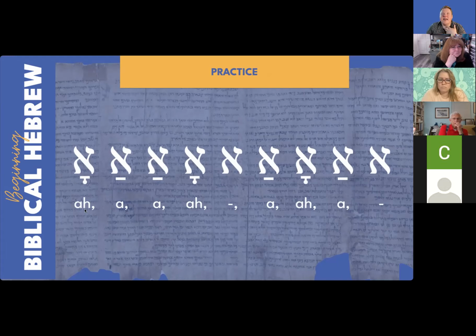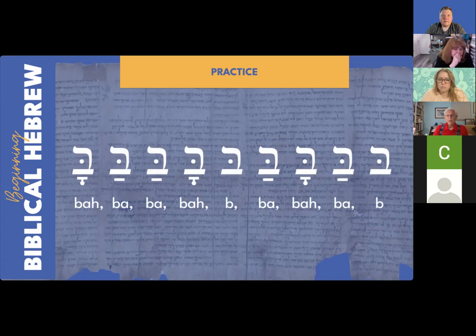It kind of has that H wisp or breath of air at the end, kind of drawing it out. So this first one would be silent. The second one would be a. The third one would be ah. You kind of breathe afterward. Silent, a, ah, a, ah.